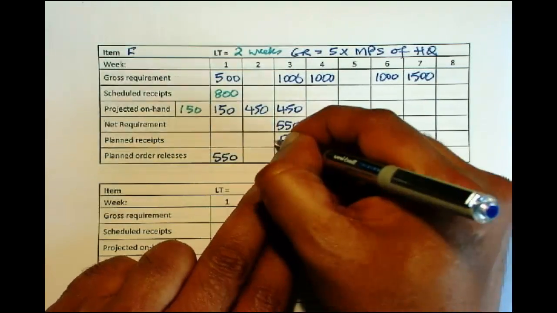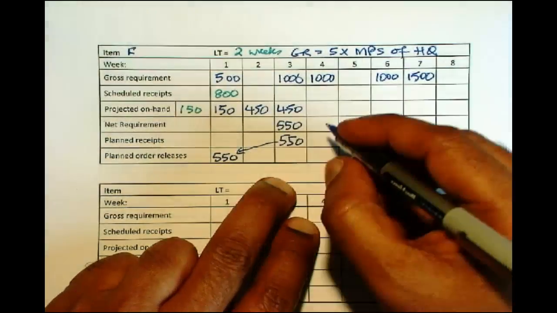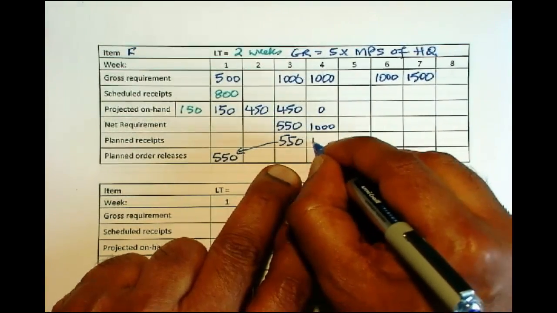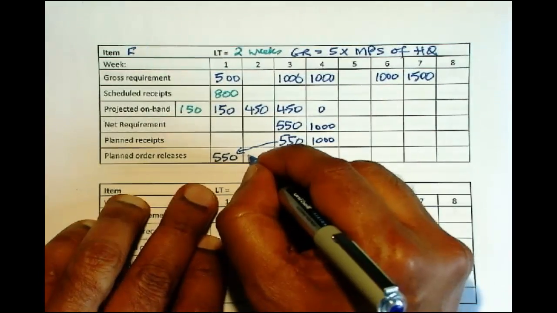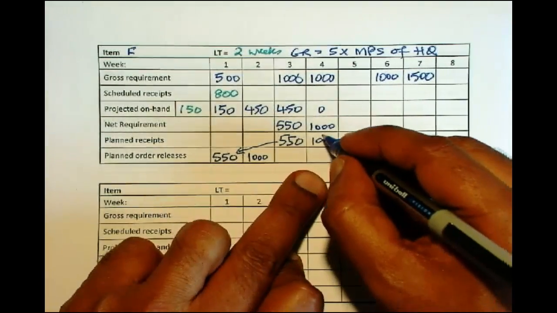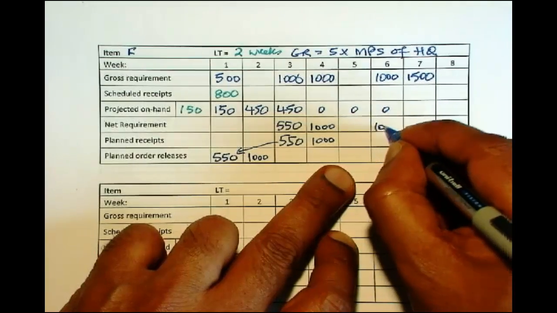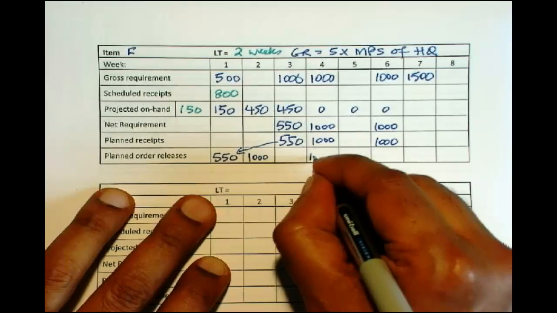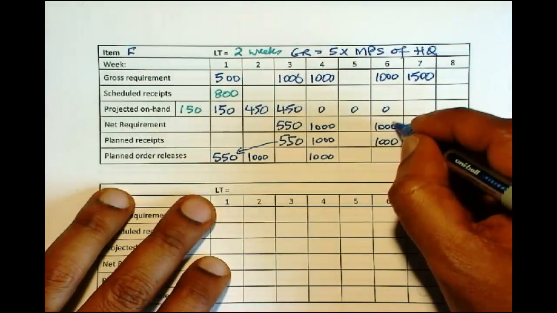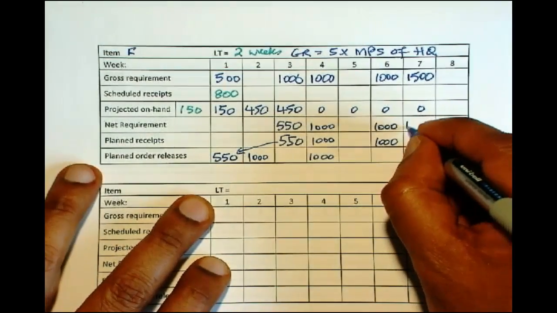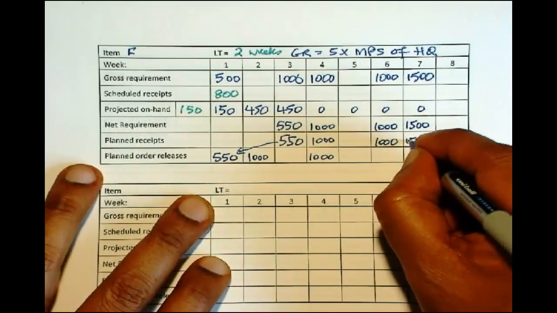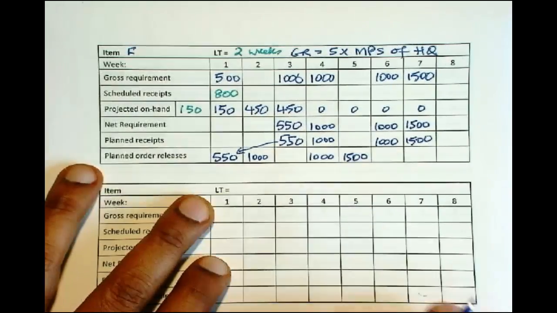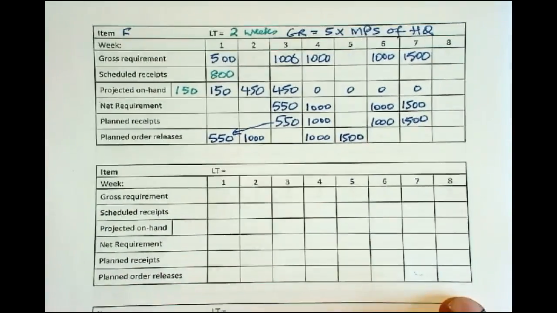Then 0, 0, 1000, 1000, with 2 weeks here, 1000, 1000 minus 1000, 0, 1500, 1500, and again 2 weeks, 1500. And that's item F.